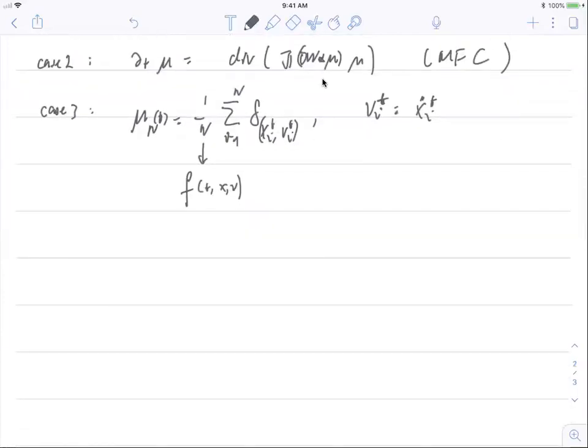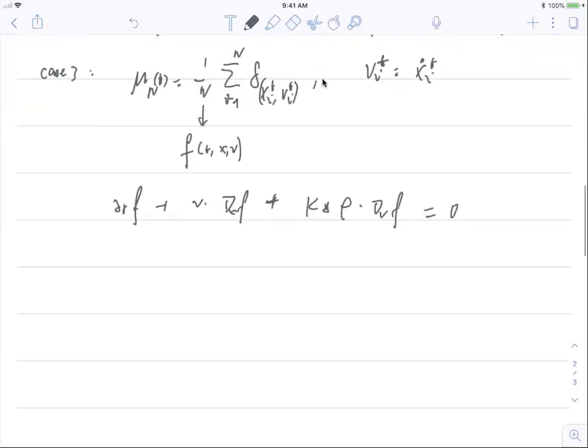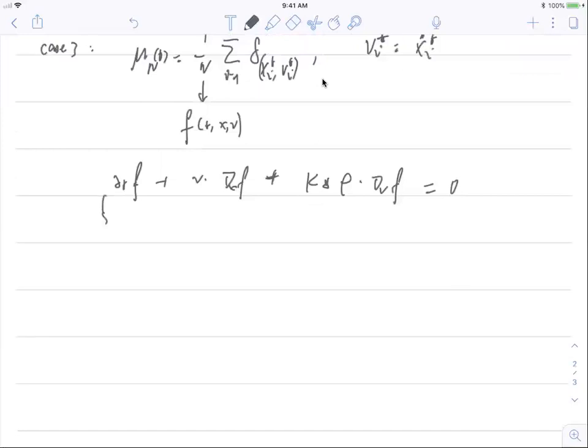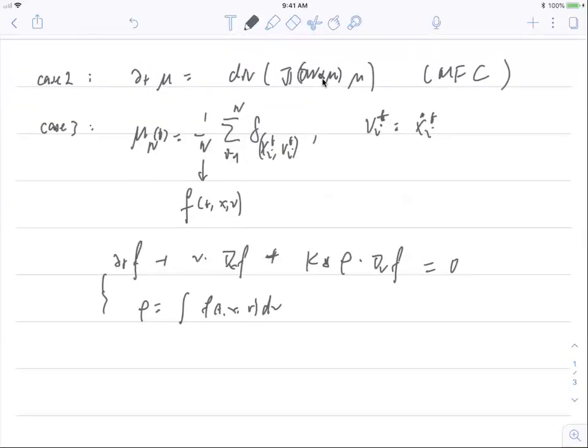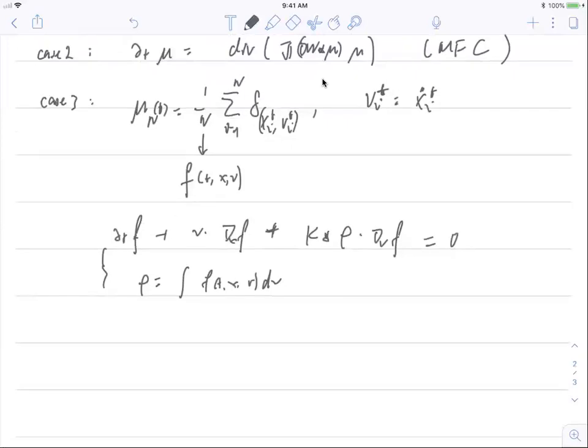And people expect this F solves the famous Vlasov kinetic equation, where rho is the spatial density. So what they can do is not this case, but this case is still open.